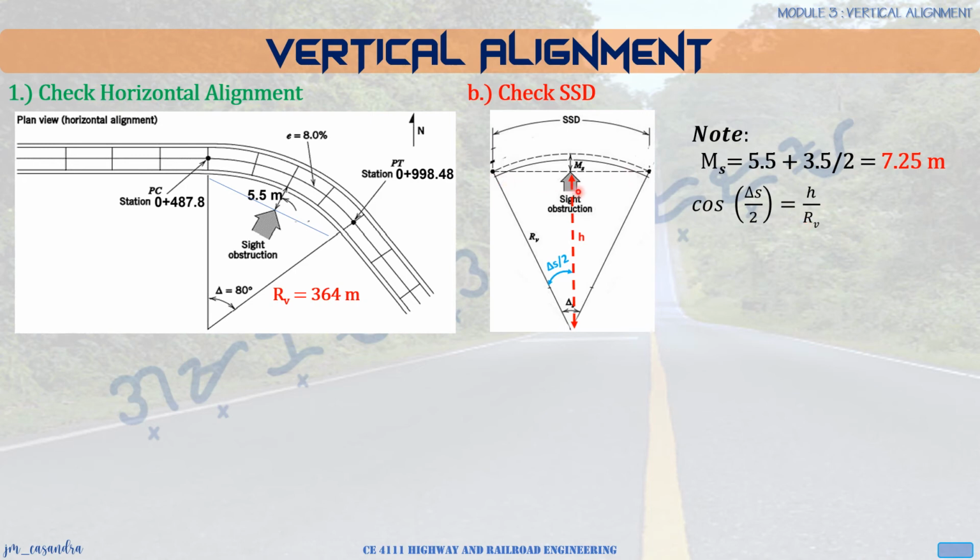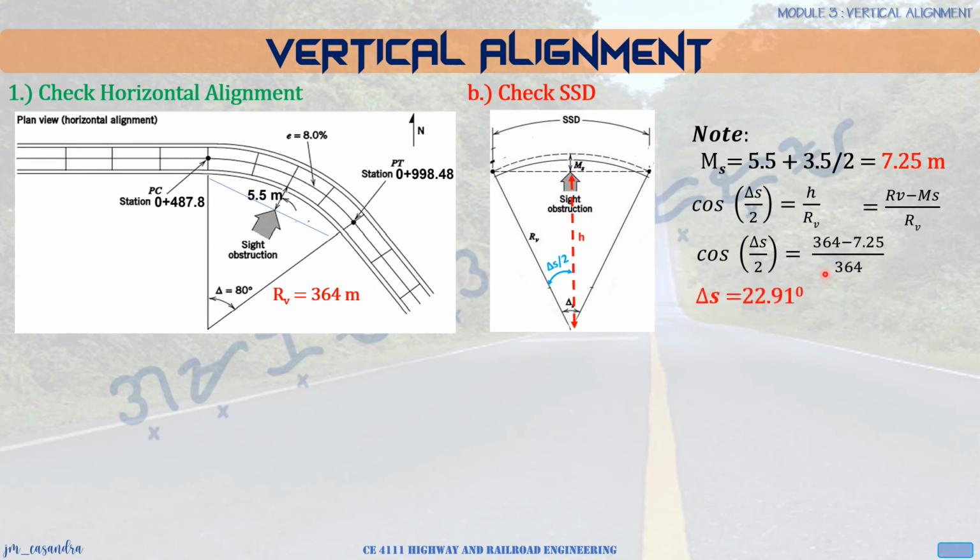Okay, so this is the triangle. So with that, we know that H is equal to the minimum radius RV minus MS. So applying the values, cosine delta over 2 is equal to minimum radius computed 364, MS is 7.25, and computed RV is 364.